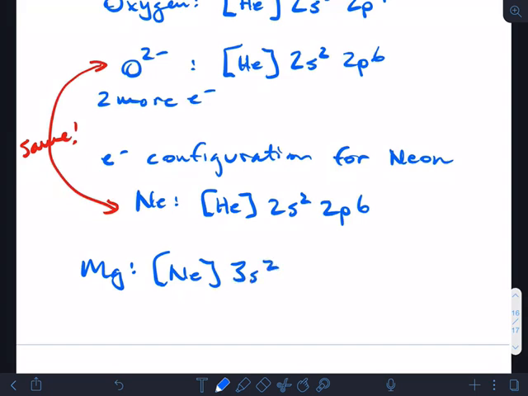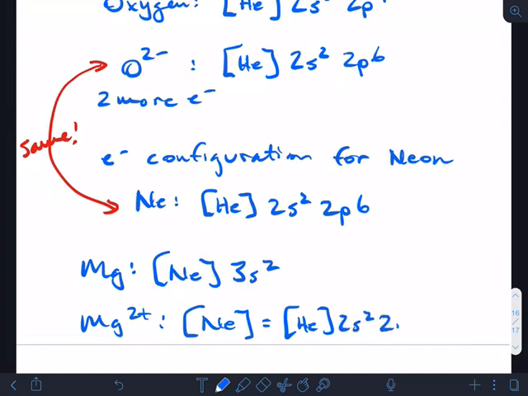Magnesium is neon 3s2, right? If I make it magnesium 2+, then it's just neon, right? Which is the same thing as saying helium 2s2, 2p6.